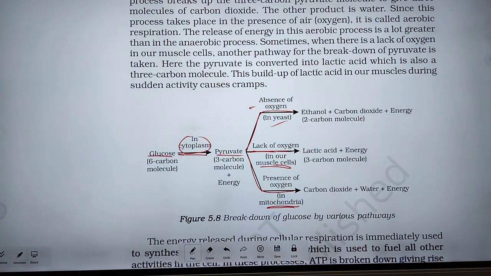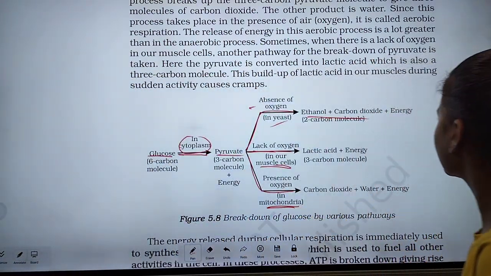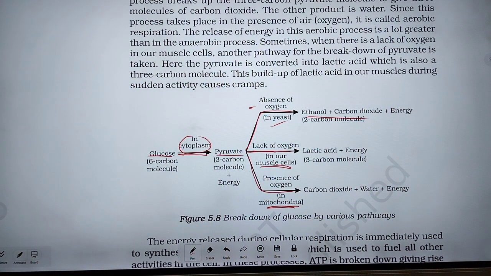In absence of oxygen: ethanol plus carbon dioxide plus energy, a 2-carbon molecule. In lack of oxygen: lactic acid plus energy, a 3-carbon molecule.